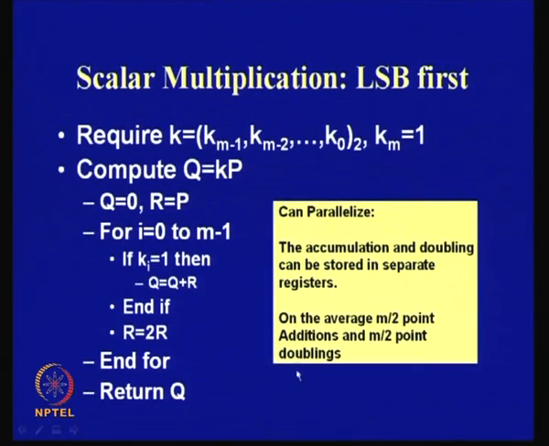Similar to this, you can do an LSB first algorithm also, where you go from k0 and go to the MSB. In this case again km is 1, and these are the corresponding binary values.